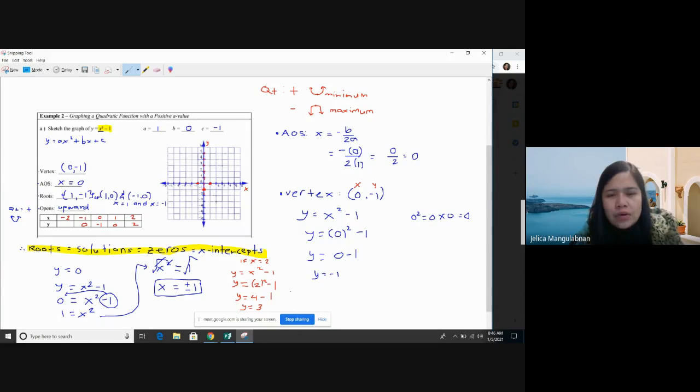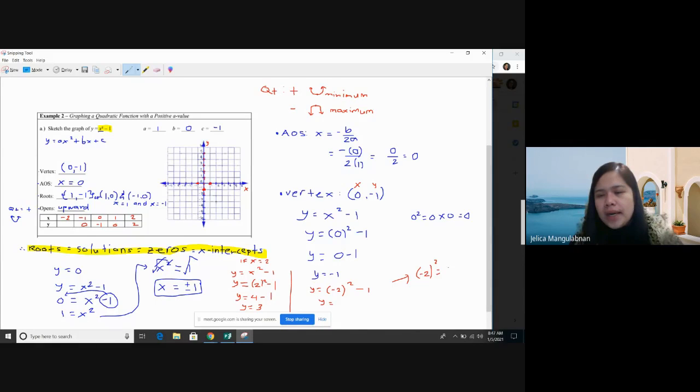So let us now use negative 2 for the last point. Plug in negative 2 to complete the table of values. Remember, if you square a negative, it will become positive because negative times negative is positive.